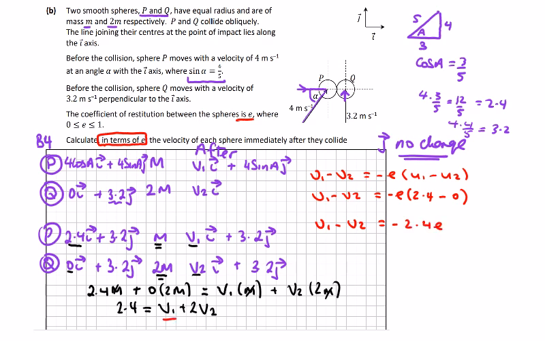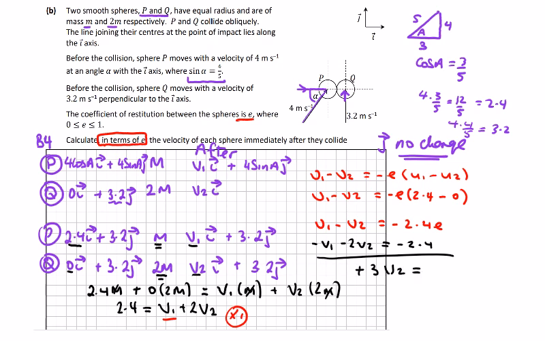I've got v1 here, so I may as well multiply that one by minus 1 and bring it up. So we're going to get minus v1 minus 2v2 is equal to minus 2.4. So we're going to get minus 3v2. They're all minuses actually, so we can make them pluses.